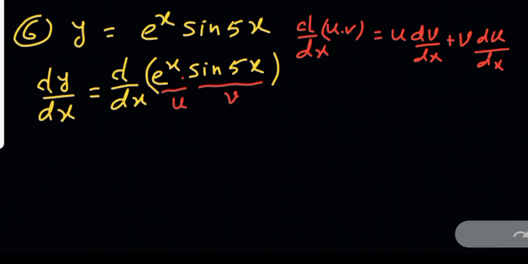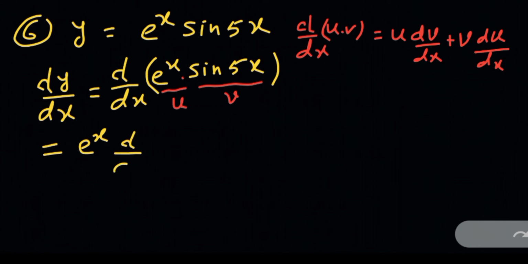Using this formula I will write u as it is. U means e to the power x as it is. Do this carefully because the solution will be a little bit complicated, there will be some calculation. So u as it is, and then the derivative of v.